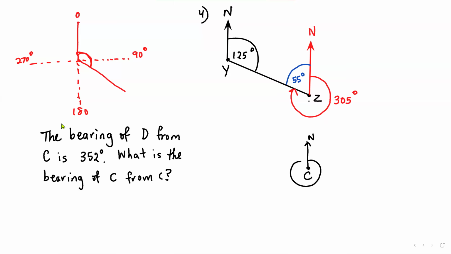That's where your line connecting C to D would be. So this point here is D. This is your point D.